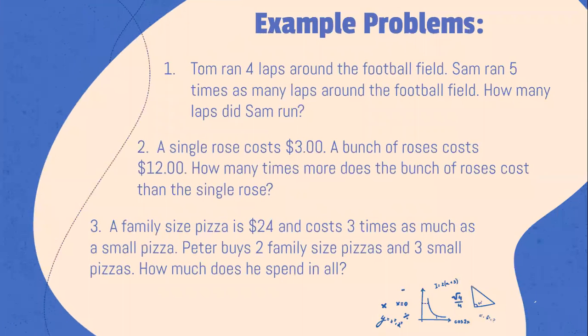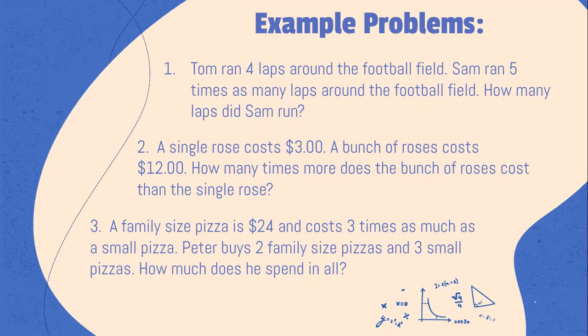Some example problems that I have chosen are: Tom ran 4 laps around the football field. Sam ran 5 times as many laps around the football field. How many laps did Sam run? The second example would be: a single rose costs $3. A bunch of roses costs $12. How many times more does the bunch of roses cost than the single rose?